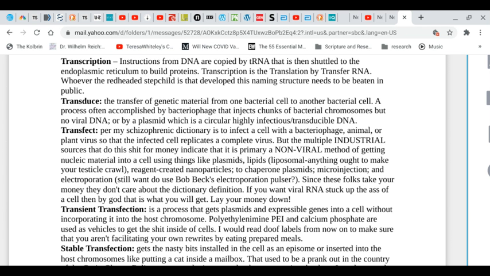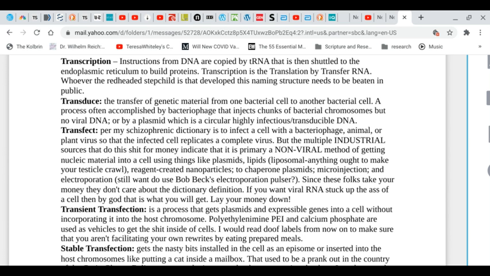But the multiple industrial sources that do this for money indicate that it's primarily a non-viral method of getting nucleic material into a cell using things like plasmids, lipids, liposomal anything, reagent-created nanoparticles to chaperone plasmids, microinjection, and electroporation.